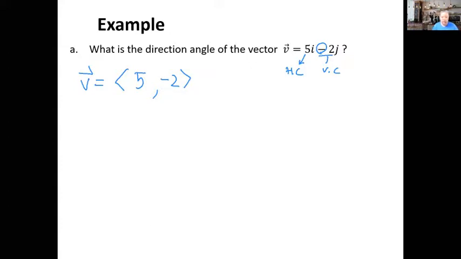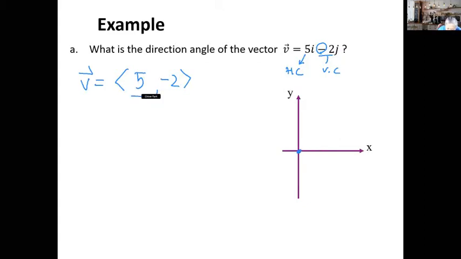Then with it, we can draw the vector. So if you draw the vector V, it starts from the center here, and horizontal is +5.